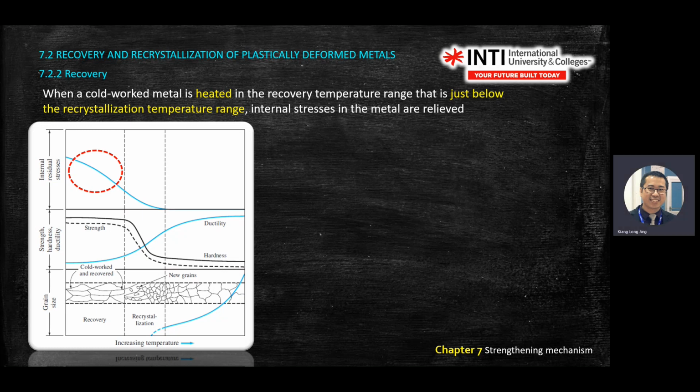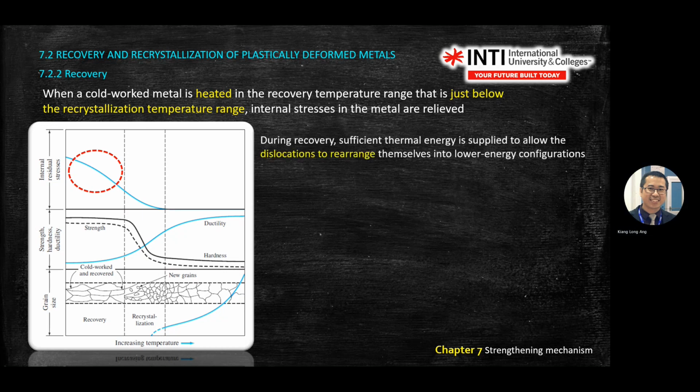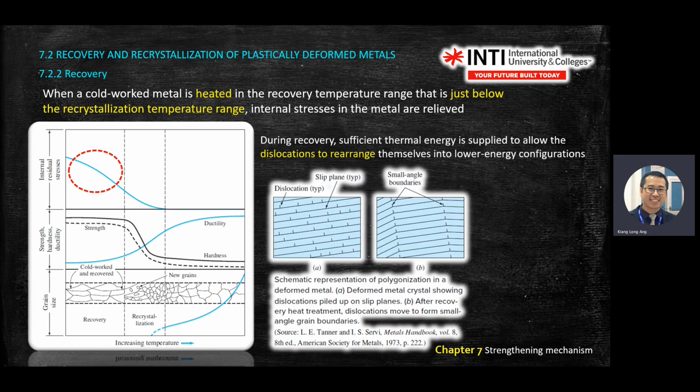Imagine the metal: if you heat it up, it will expand. It gives more space for the metal atoms to move. So no residual stress. The rest you read. During the recovery stage, what is important here is that it allows dislocations or defects to rearrange.